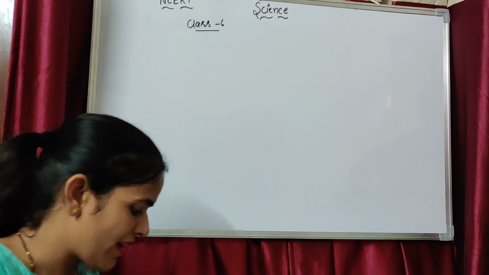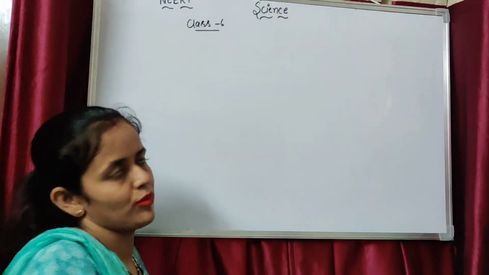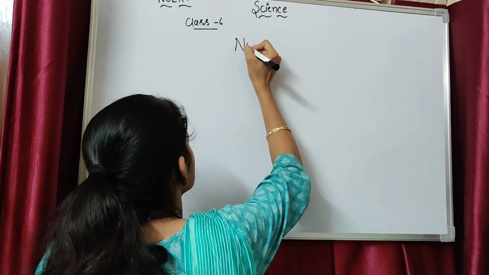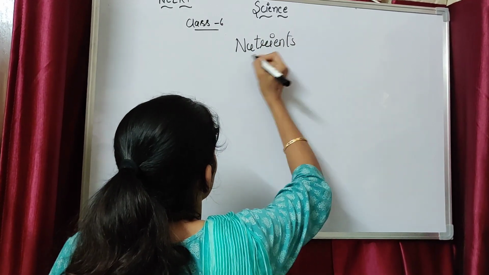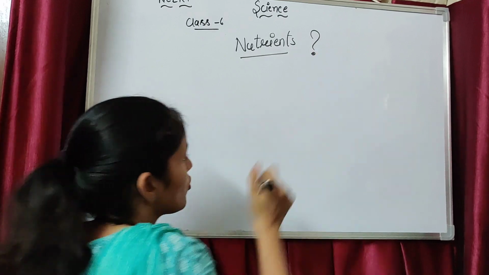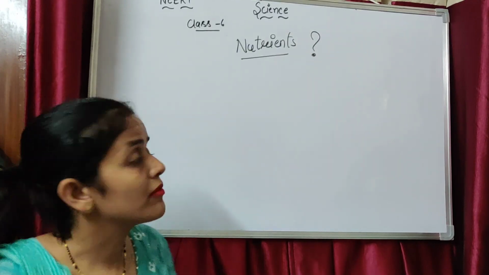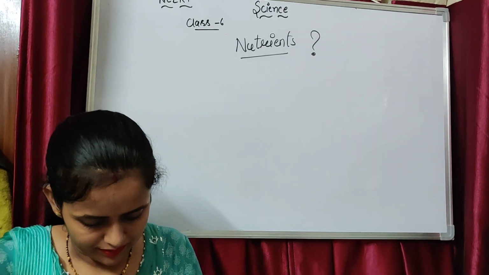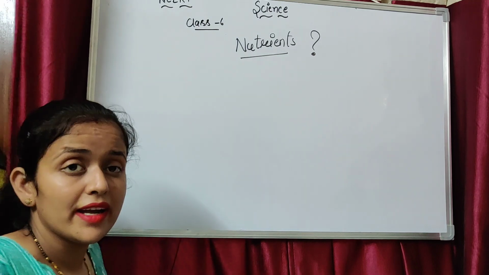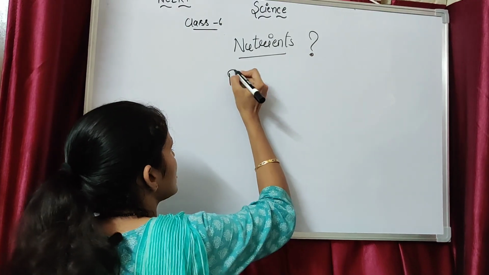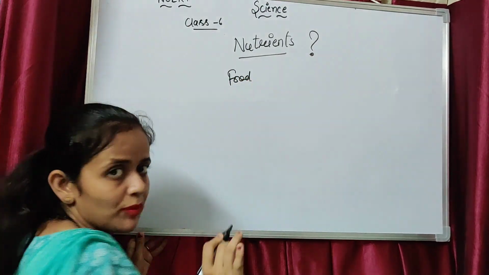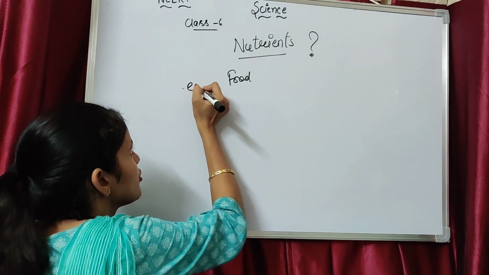Now, why do we need nutrition for our body? Nutrients. Why are nutrients needed by our body? Anyone? Any guesses? No. Listen. Firstly, we have to take food. Simple process. Firstly, we eat food.